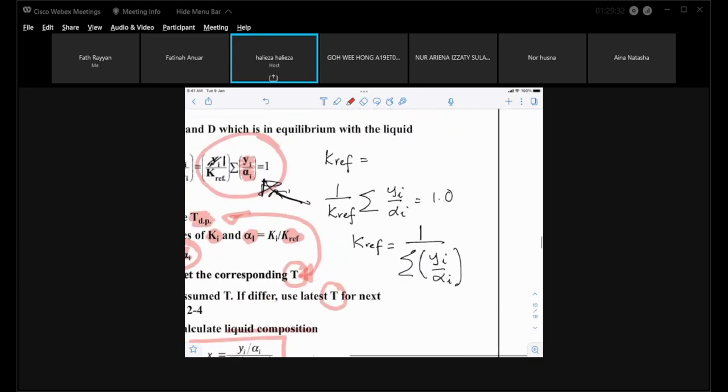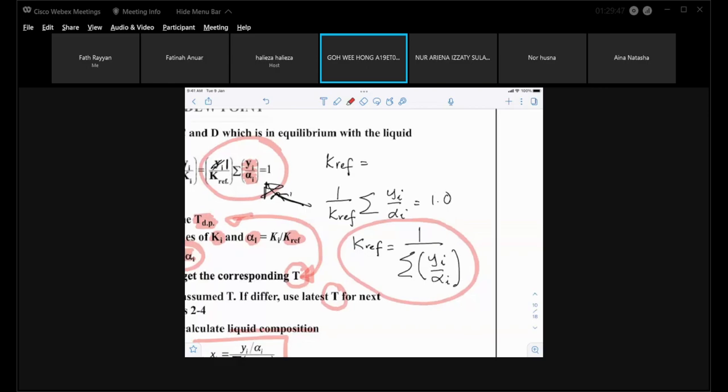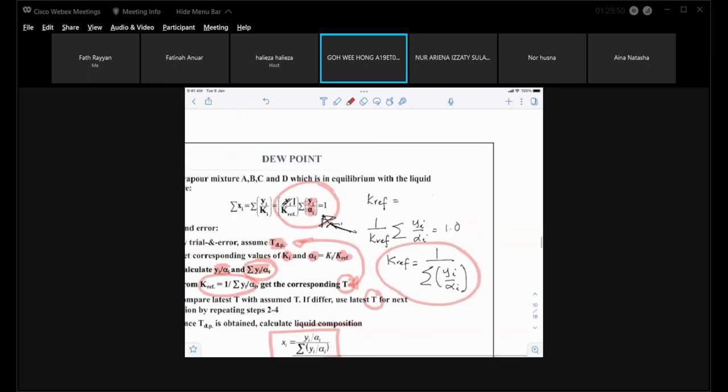I think the one in the solution is correct, because if you do some rearrangement, when this goes over there, it becomes the denominator.